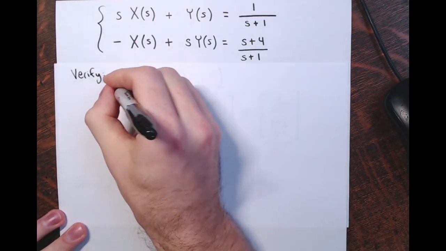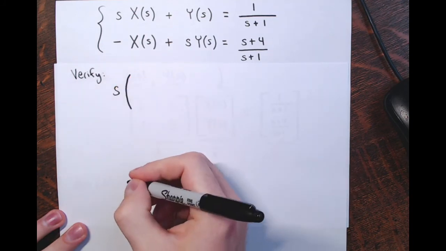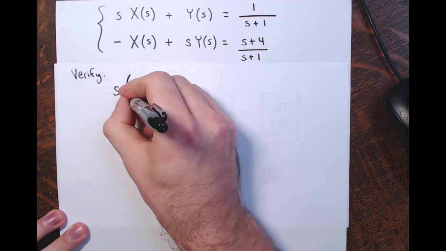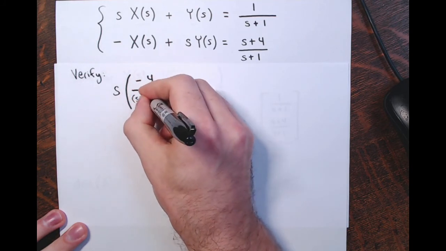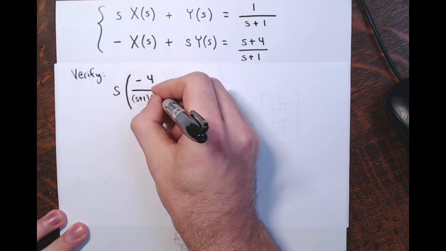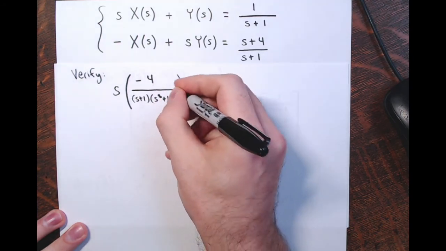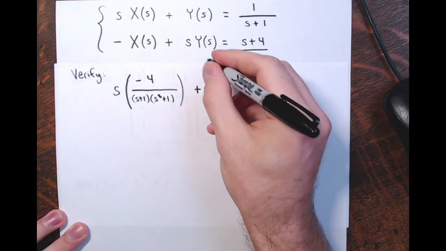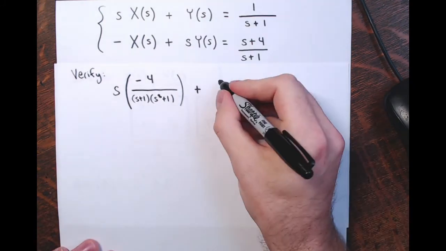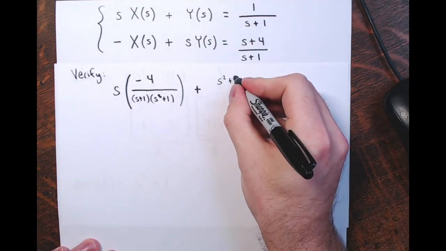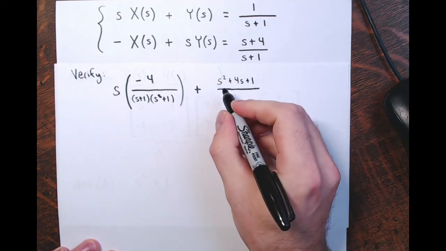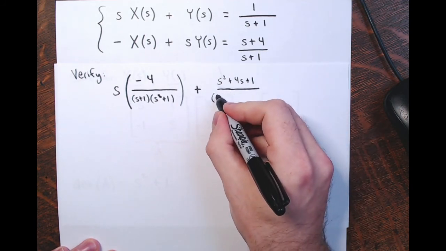So we have s times the x of s, which I said was negative 4 over s plus 1 times s squared plus 1. That was what I got for x of s. Plus the y of s, we got s squared plus 4s plus 1 over s plus 1 times s squared plus 1.